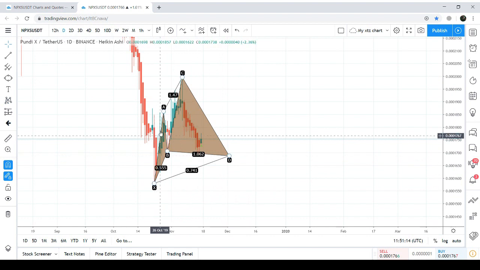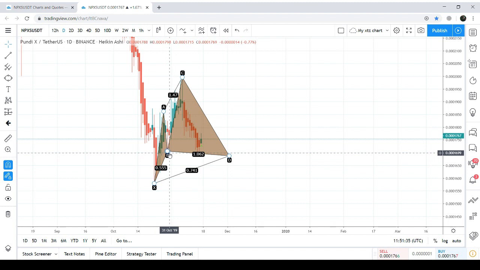This is the initial leg, and the A to B leg should be retraced between 0.382 and 0.618 Fibonacci, and here we can see that it is retraced up to 0.555 Fibonacci. That is exactly between 0.382 and 0.618 Fibonacci.